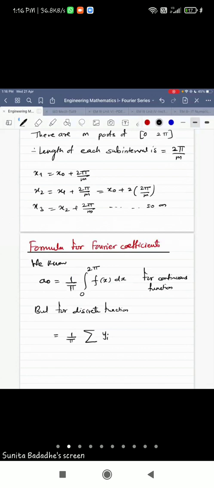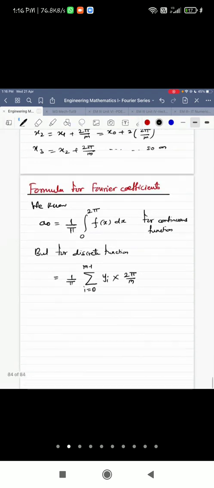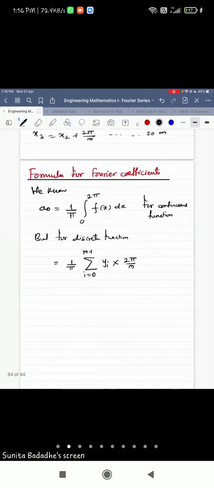Then this dx I will replace by the length of the subinterval, which is 2 pi by m, and i goes from 0 to m minus 1, or you can write 1 to m. So we have to consider all the values.